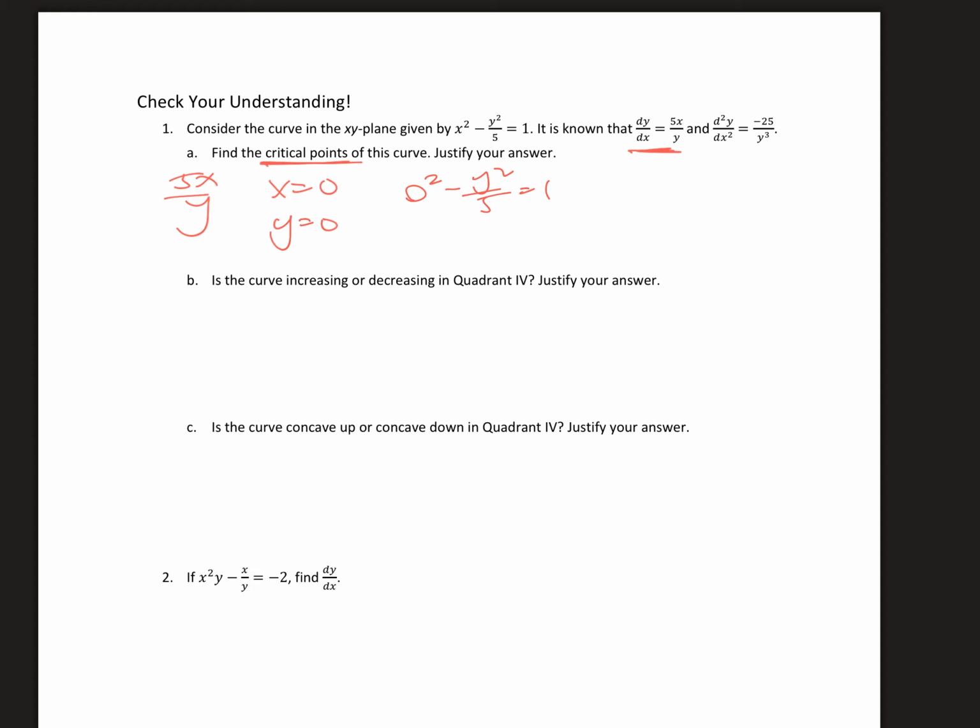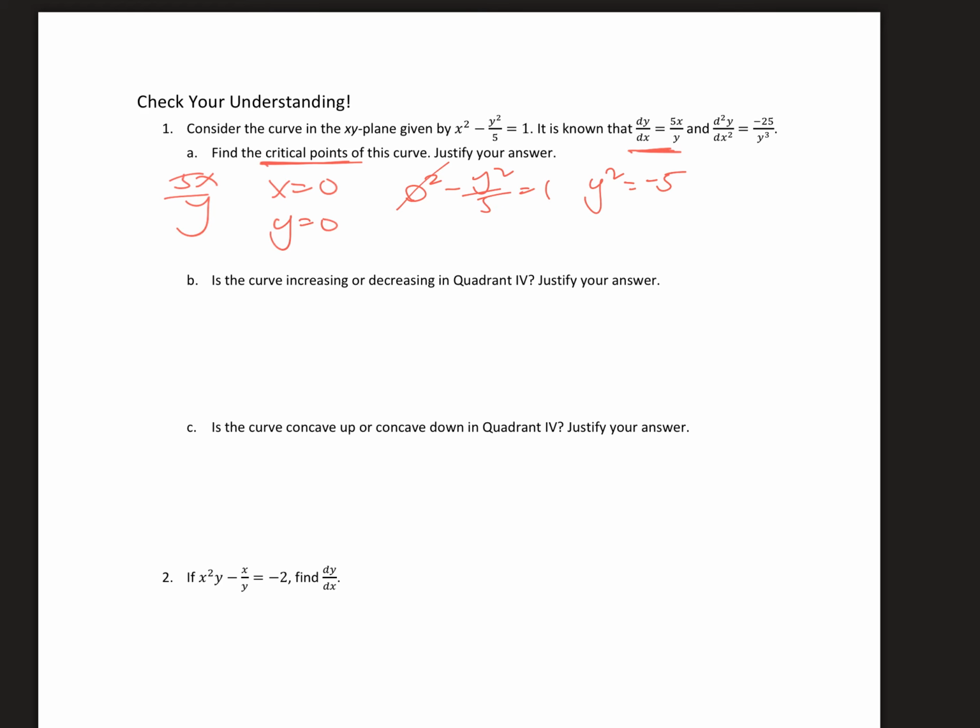I simplify, and that becomes 0. This is a negative 5 right here, so I multiply by negative 5 on both sides. So I get y squared equals negative 5. I know that I can't square a number and get a negative answer. Any number squared is positive. So I know that 0 is not part of the domain.